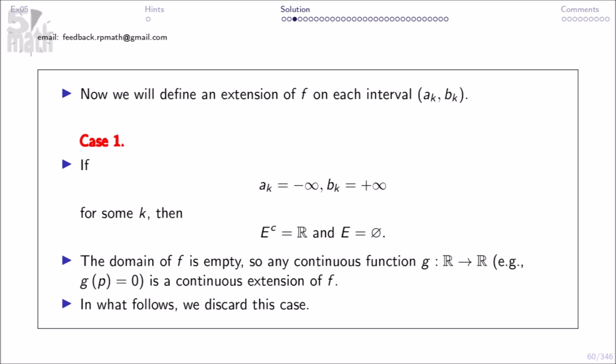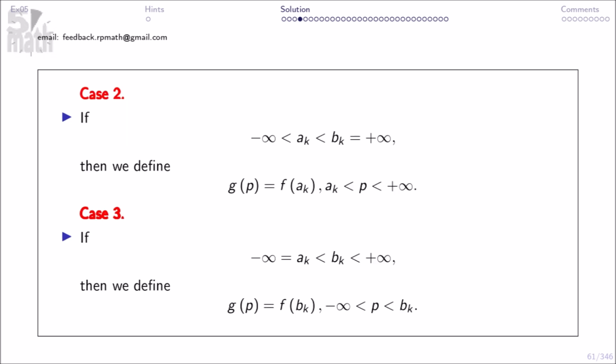Now, we will define an extension of f on each interval (a_k, b_k). Case 1. If a_k equals minus infinity and b_k equals positive infinity for some k, then E^c equals R and E equals the empty set. The domain of f is empty, so any continuous function g here, that is, g(p) equals 0, is a continuous extension of f. In what follows, we discard this case. Case 2.